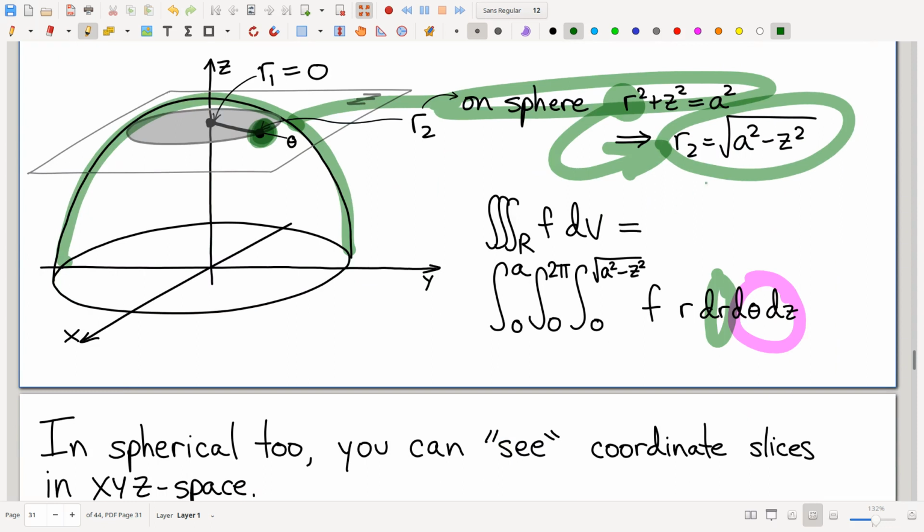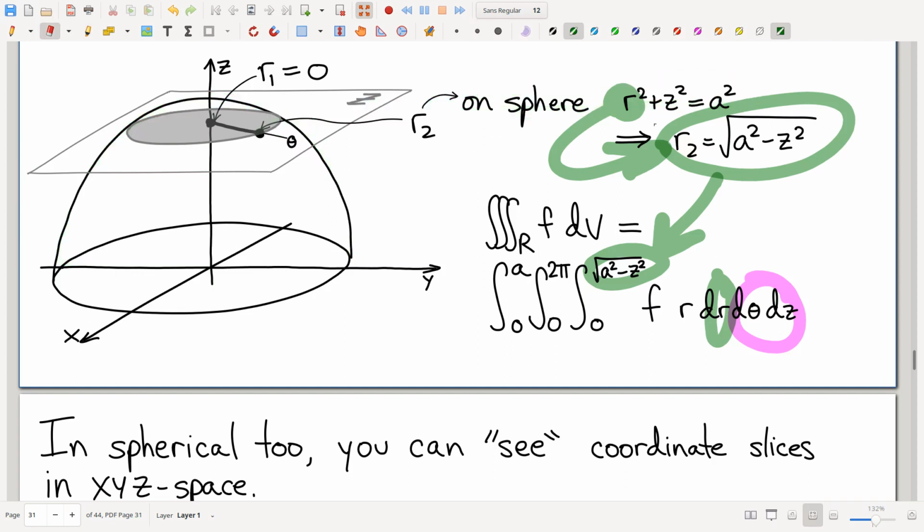So we solve for r, and that is our r upper bound. Everybody good? So the slicing process looks different depending on whether you put the dz on the outside or the inside, but the general structure of the process is all kind of the same.